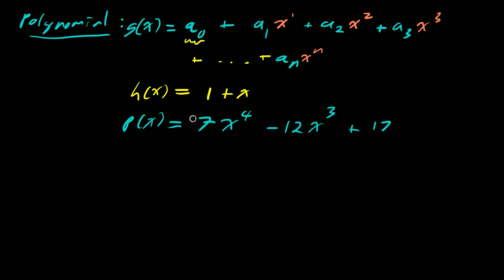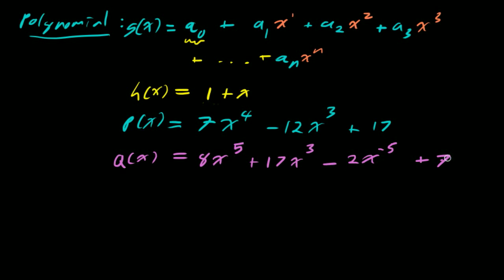One example of something that's not a polynomial, and I guess I should have maybe made it more explicit up here, is if we had the function q of x, and let's say it was 8x to the fifth plus 17x cubed minus 2x to the minus 5 plus 7.